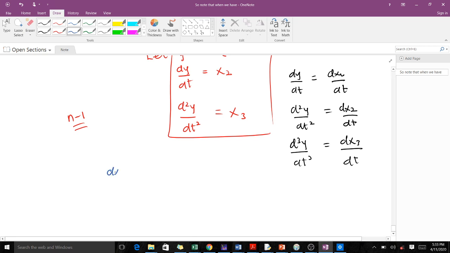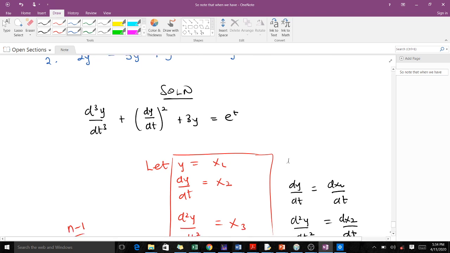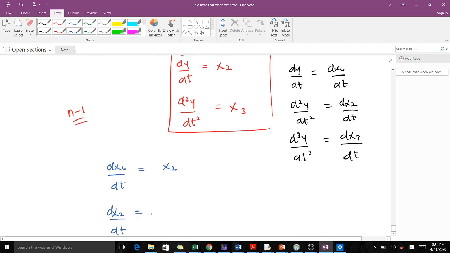Realize that dx1/dt is equal to dy/dt, but the dy/dt here is what, x2. So that means we have this to be our first system of ordinary differential equations. When you get to the second one, we have dx2/dt is equal to d^2y/dt^2, and d^2y/dt^2 is equal to x3. So that means we have our x3 here.